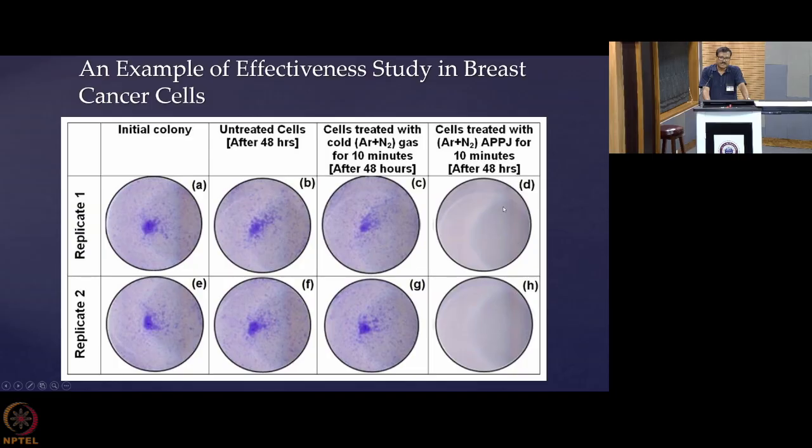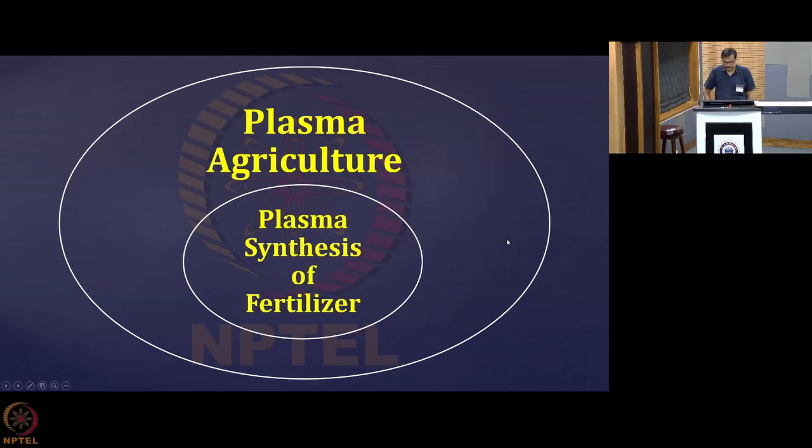So you can see that these are replicate 1 and replicate 2. In both the cases you are seeing that this cold plasma, atmospheric pressure plasma jet of argon and a bit of nitrogen, they are able to clear all the cancer cells so effectively.